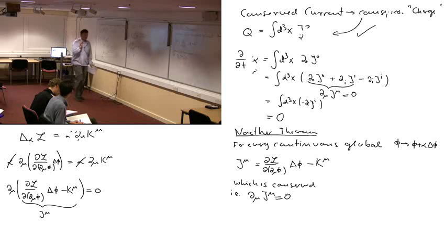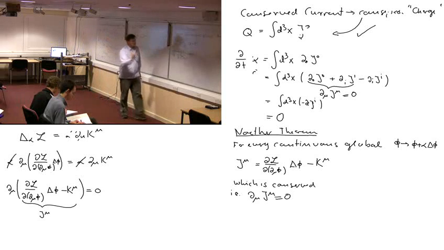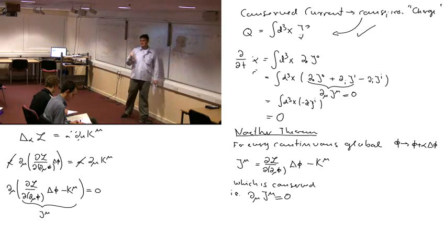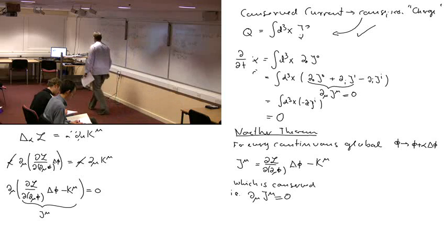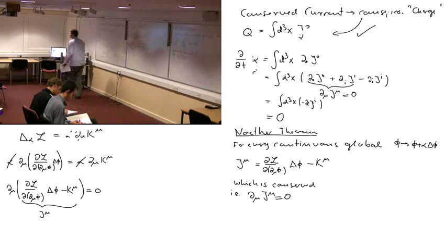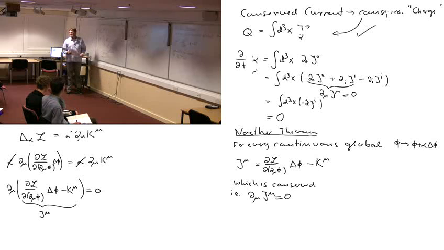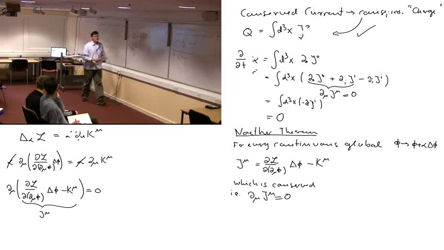So our Noether theorem gives us: we have a symmetry. From the symmetry, we obtain a conserved current, meaning a current which has 0 divergence. And from this conserved current, we can then find a conserved quantity or a conserved charge. And the point is really, in classical electrodynamics, this is the electromagnetic charge.